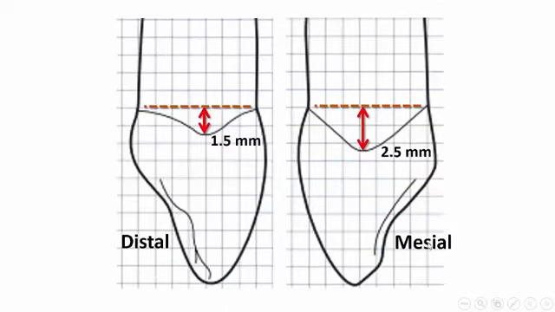The depth of the mesial cervical line is 2.5 millimeters, while the depth of the distal cervical line is 1.5 millimeters.